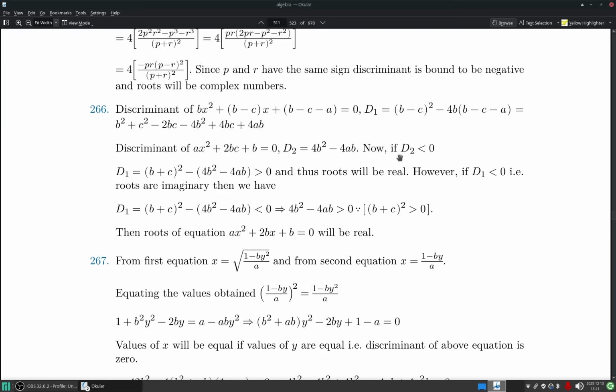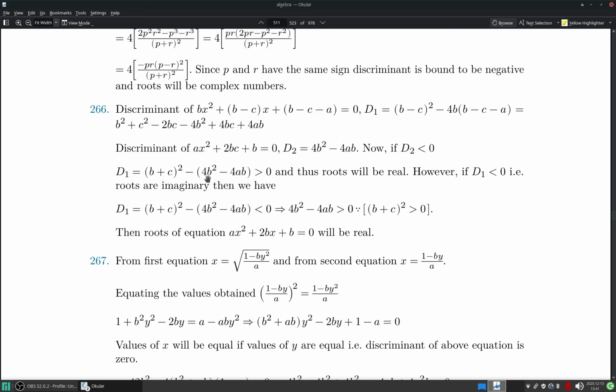Now the discriminant of the second equation is 4b square minus 4ab. If d2 is less than 0, then 4b square minus 4ab would be less than 0. So for discriminant 1, this is minus 2bc and this is 4bc, so that will be 2bc. So we can write this as (b plus c) whole square, and the terms 4b square and 4ab we can write as 4b square minus 4ab.